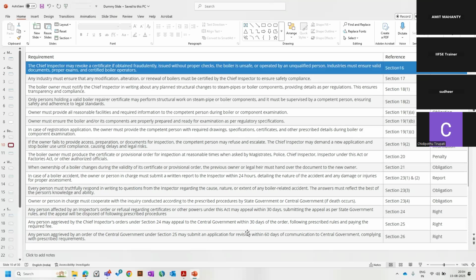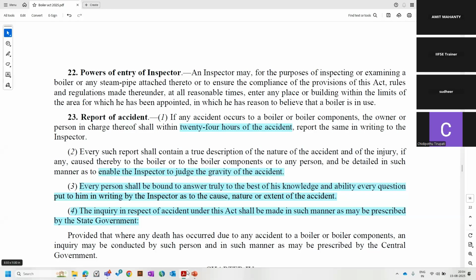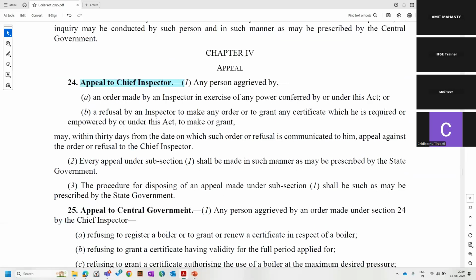They can file an appeal, in the sense they can go against the orders passed by the chief inspector. Sometimes they may issue intentional orders or cancellations, or sometimes they won't give the approvals on time. In those cases, we can go for an appeal.